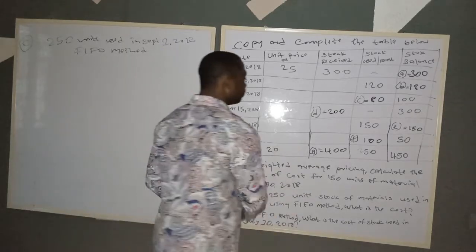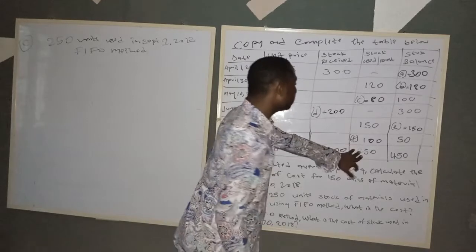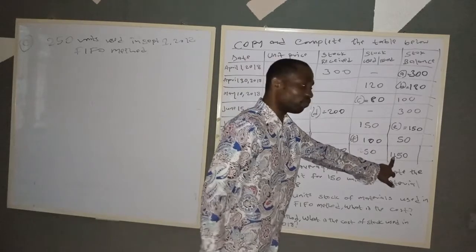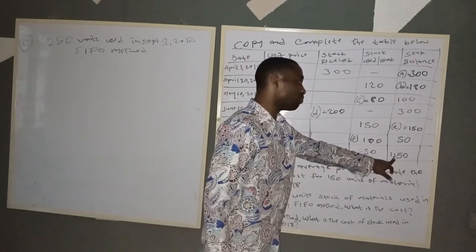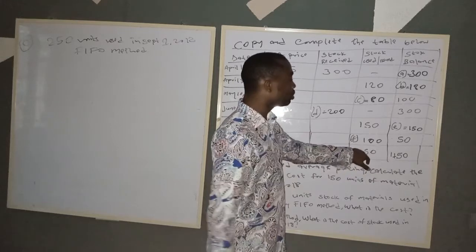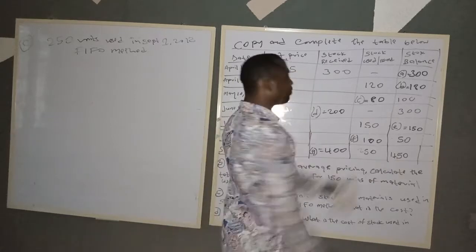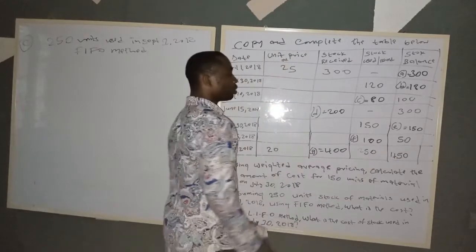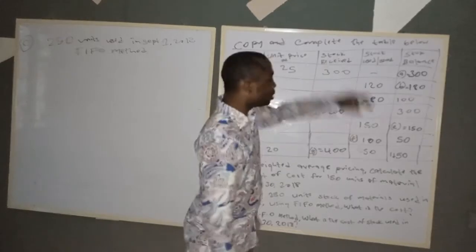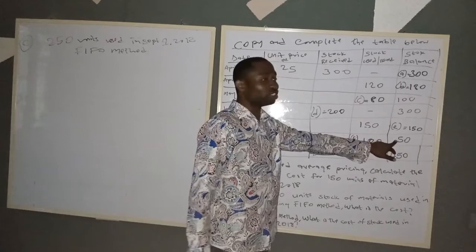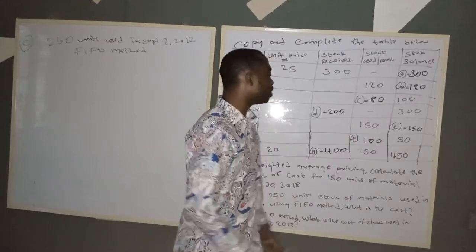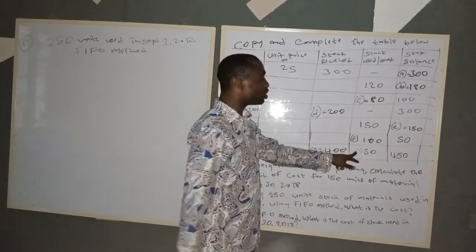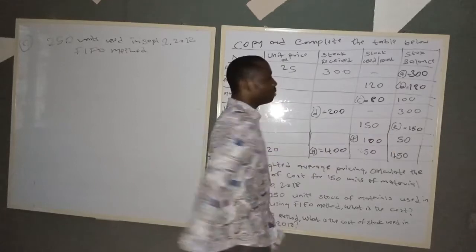Out of this 250, it was used from this 450, which is the total that we have in stock. From this 450, how many first came in? First in we have 50, because the remaining one from the first in is 50 in stock. So we first exhaust that 50, but we want to use 250. So only 50 is remaining from the first.